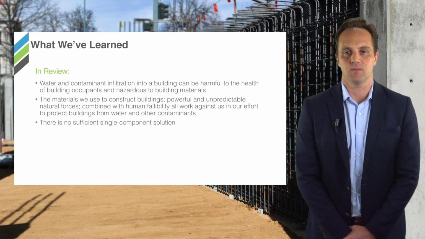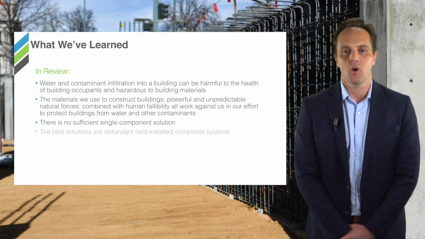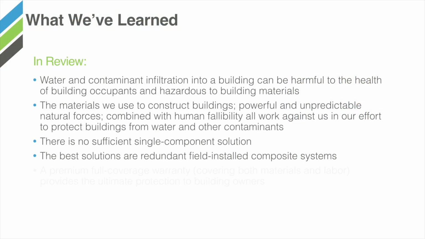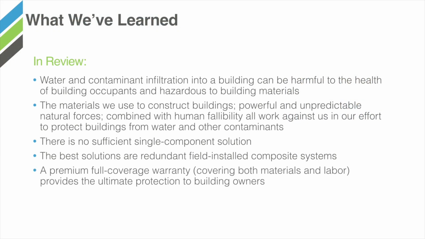Single-component waterproofing systems do not have the ability to meet the needs of modern-day construction. Redundant field-installed composite systems, however, provide the ability to scale up or scale down the system in order to meet the project-specific needs. Finally, selecting the right manufacturer and having a premium full coverage warranty provides ultimate protection to building owners.